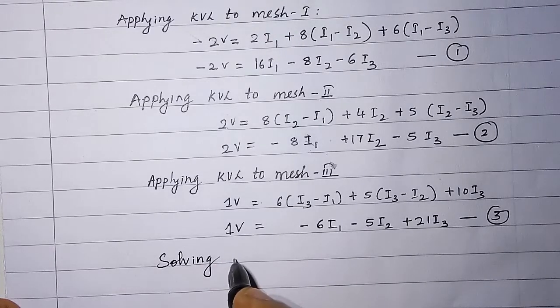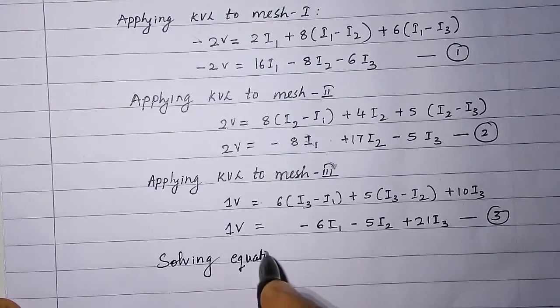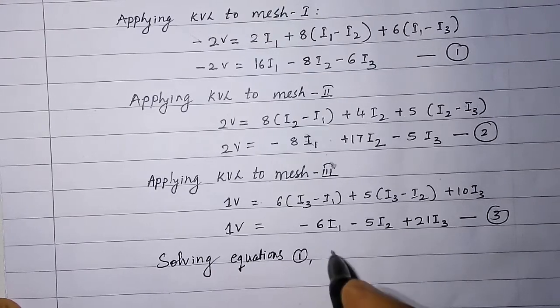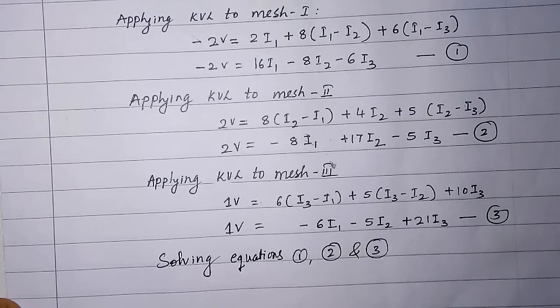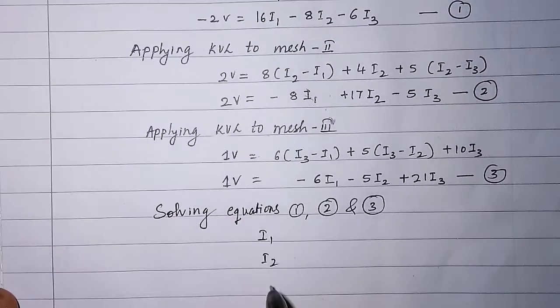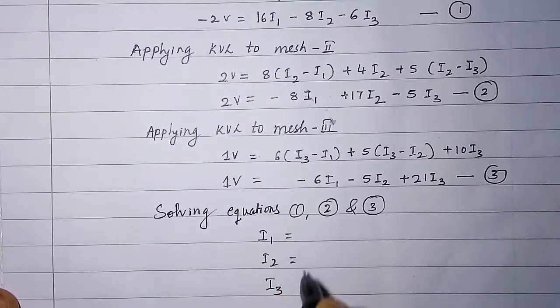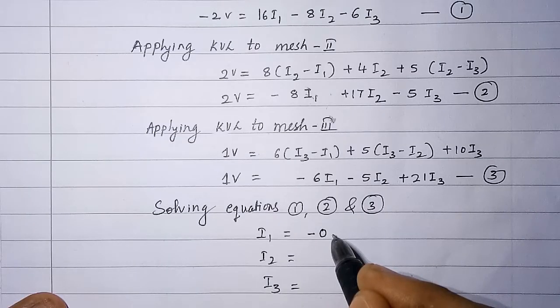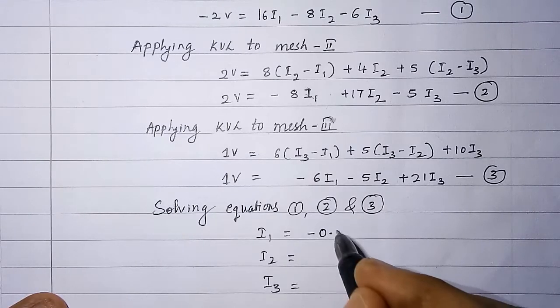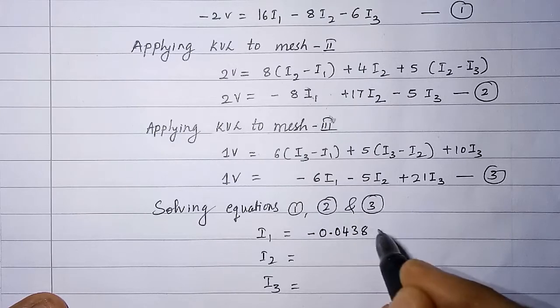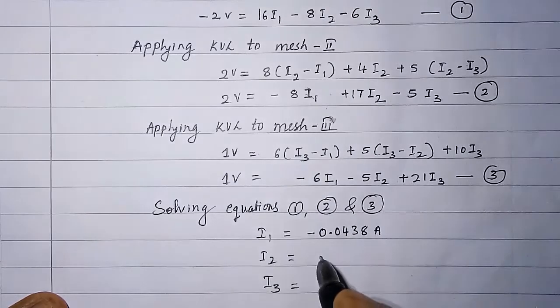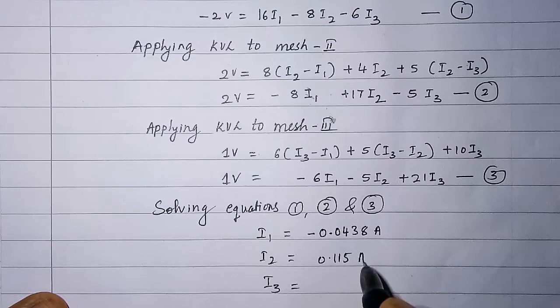Solving equations 1, 2 and 3, we get I1, I2 and I3 as minus 0.0438 ampere, 0.115 ampere and 0.062 ampere.